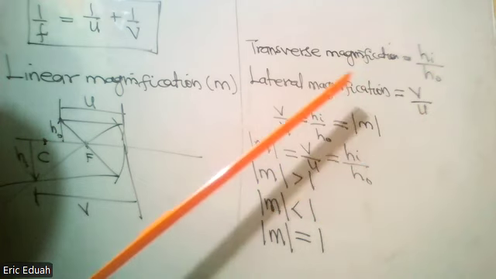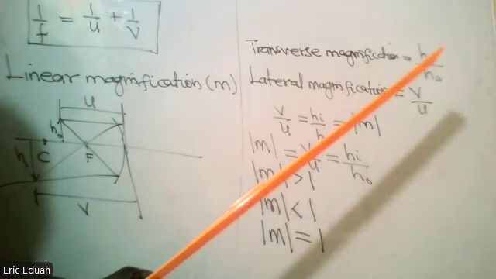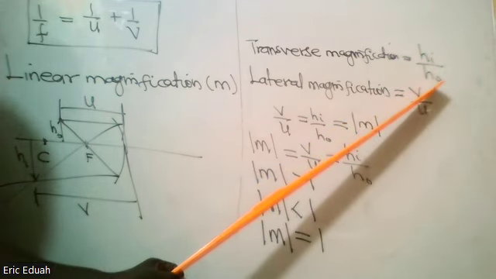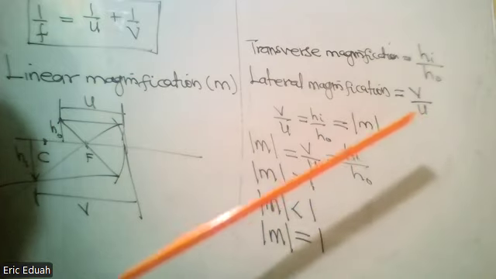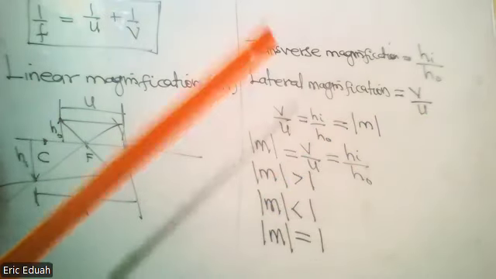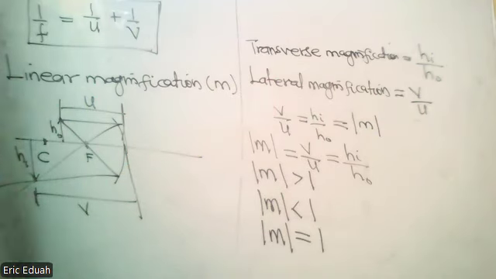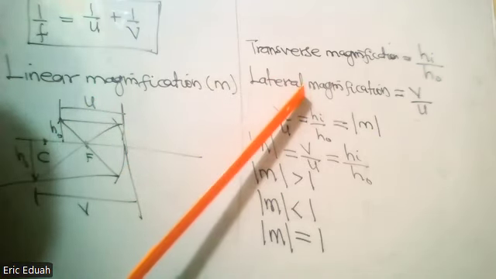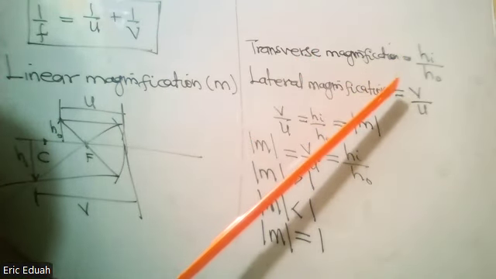And when we talk about lateral magnification, it's a ratio of image distance V to object distance U. Now, theory and experiment have it that lateral magnification is equal to transverse magnification.